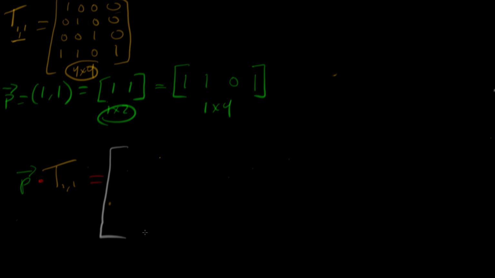Let's expand this out just so you guys get a better idea. So we have 1, 1, 0, 1, times 1, 0, 0, 0, 0, 1, 0, 0, 0, 0, 1, 0, 1, 1, 0, 1.